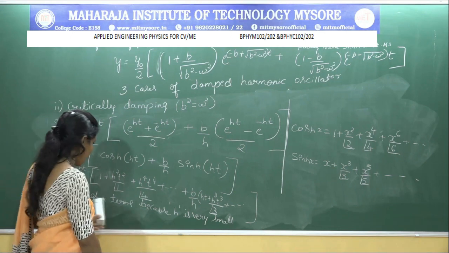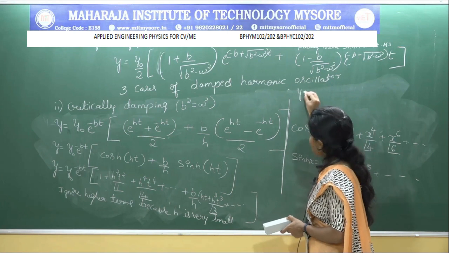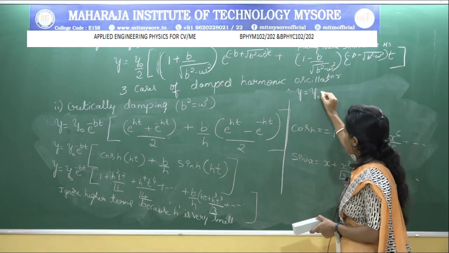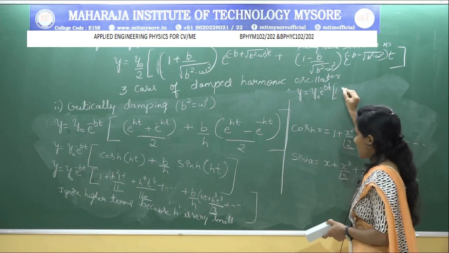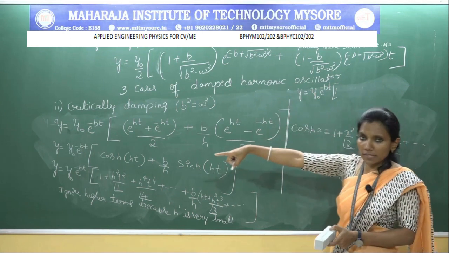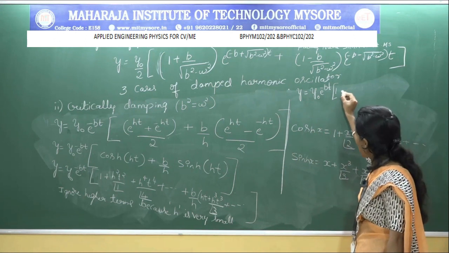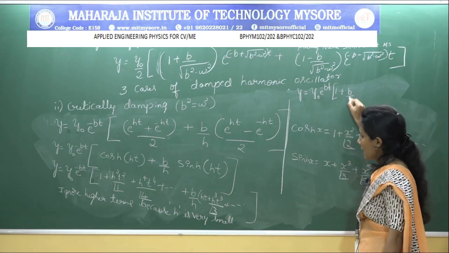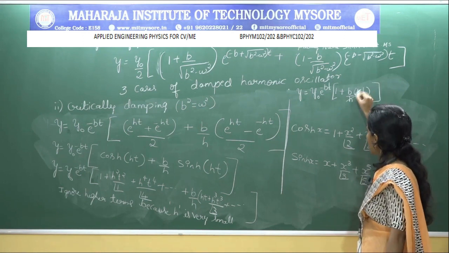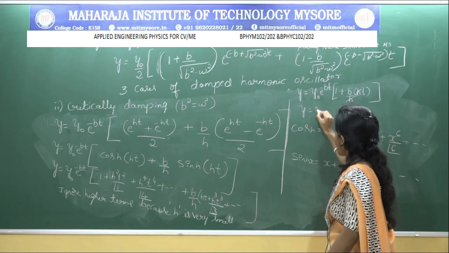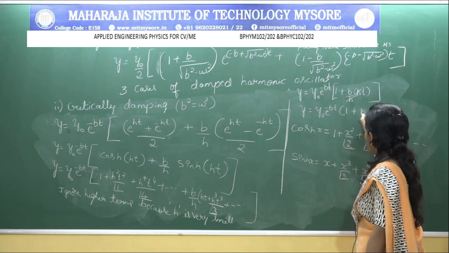So then what we get: y is equal to y naught e to the power of minus bt times 1. h square t square is a higher order term, so just ignore that, then 1 plus b by h and here h into t. So h will get cancelled, then we get y is equal to y naught e to the power of minus bt of 1 plus b into t.